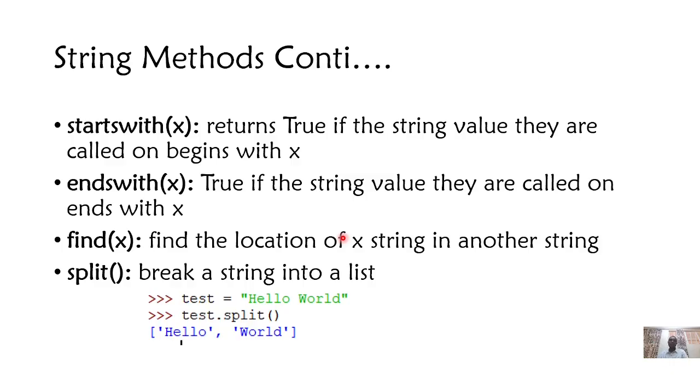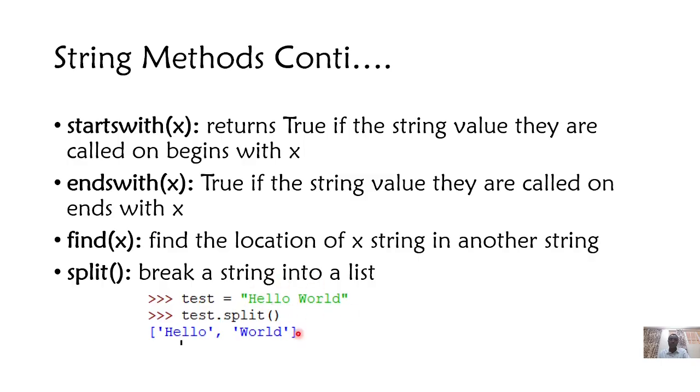The next thing, find x. We just want to find if x is within the sentence. For example, in this case, if we have h, we want to find out if h is there. This one is useful to search for information and so on. We can also split a string into a list. For example, here we have two words.